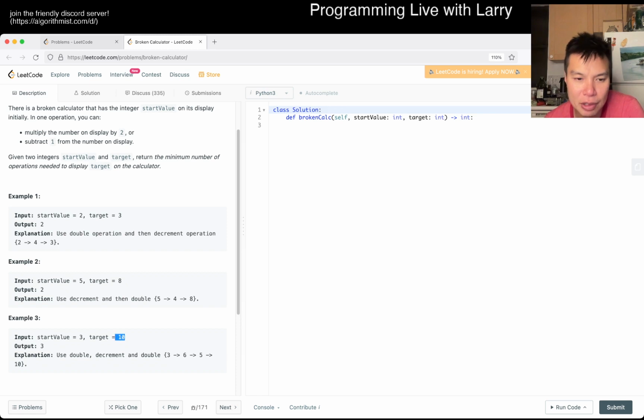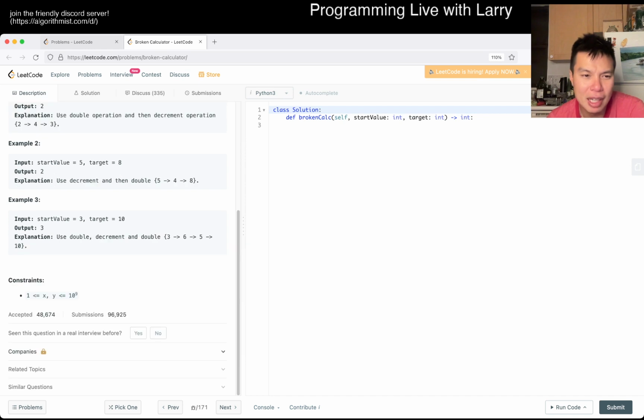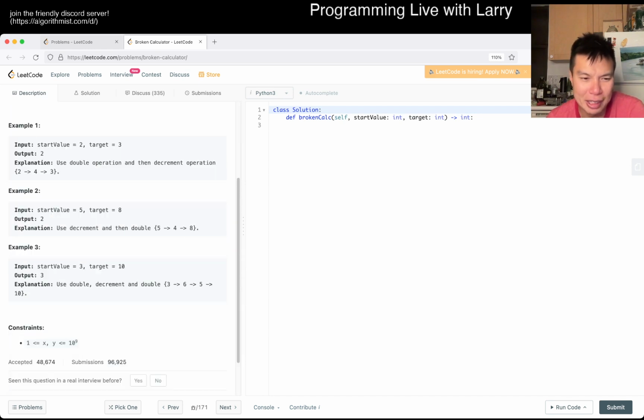Let's say you go to 5, right, from the target. I think it's easier to go backwards for the reason that your search space is smaller. Is that true? Maybe not. I feel like this is a weird math problem.